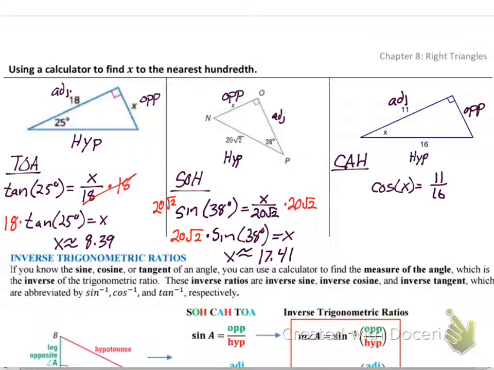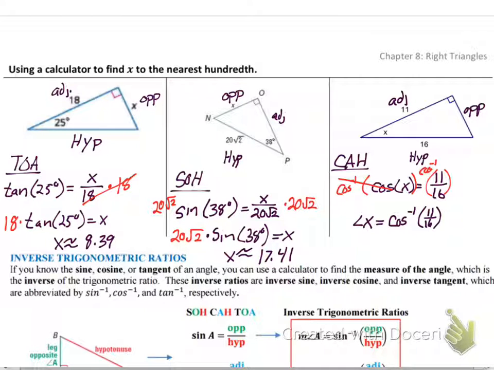Because it's cosine of x, we're going to do cosine inverse of this side, which means I'm going to do cosine inverse of this side. Cosine inverse and cosine are specifically designed to cancel each other out and turn to 1. So that's going to leave us, once again, with the angle I'm looking for, and I'm going to put the inverse of the trig function I want to use.